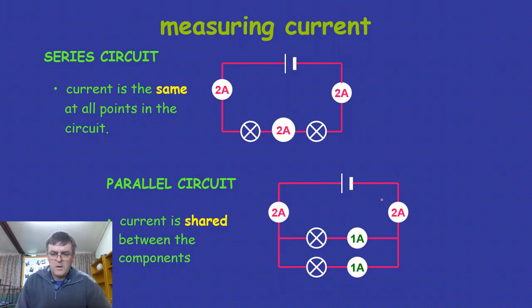So in this situation here, let's say I didn't have 2 amps, I had 3 amps, then each of these pathways would get 1.5 amps of current. If I had that extra pathway, and I had 3 amps, then this pathway would have 1, this would have 1, and this would have 1, and over here this would also be 3 amps. The current that comes out of here gets shared equally between whatever pathways that we have.